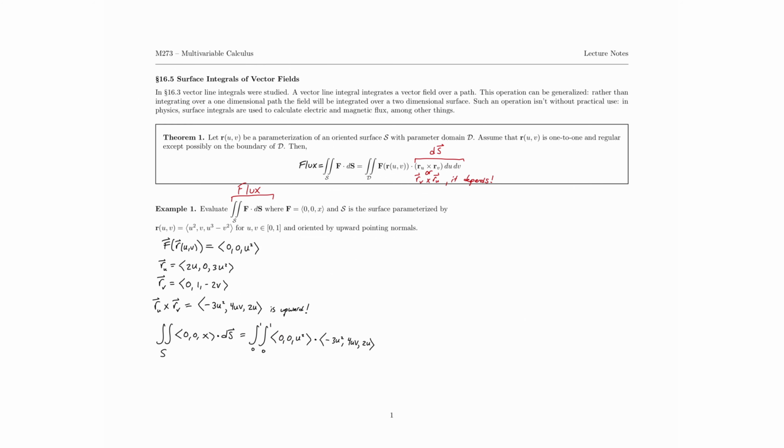The bounds are the same, so literally doesn't matter, just pick something. Do our dot product, and we have 2u cubed du dv.